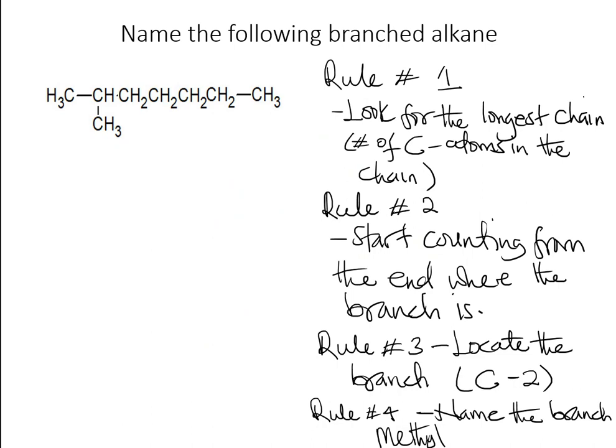All right, so the longest chain has 7 carbon atoms. So we can say this molecule is a heptane. That's what we have.